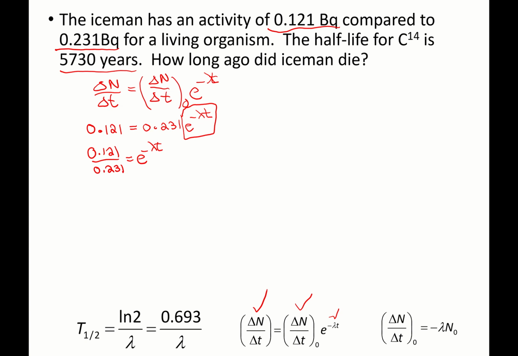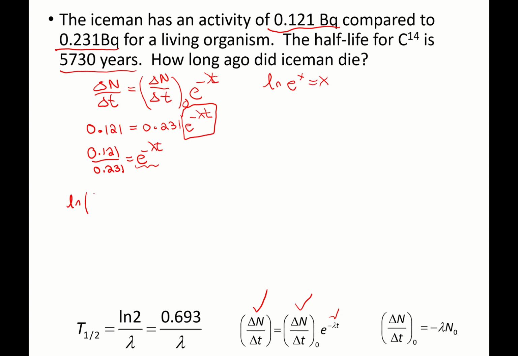Okay, so now if I want to get the t, I've got to get it out of the exponential function. And the way to do that, to get anything out of the argument of a function, is to do the inverse of the function. What's the inverse of the exponential function? It's the natural log. If I take the natural log of e to the x, I just get the argument x out. So I need to take the natural log of each side.